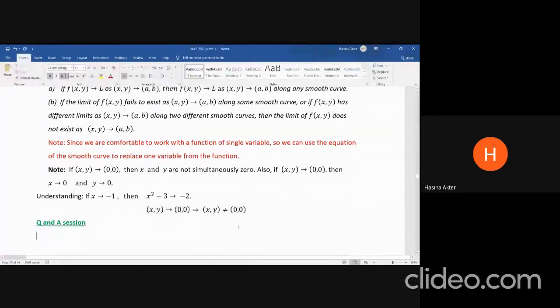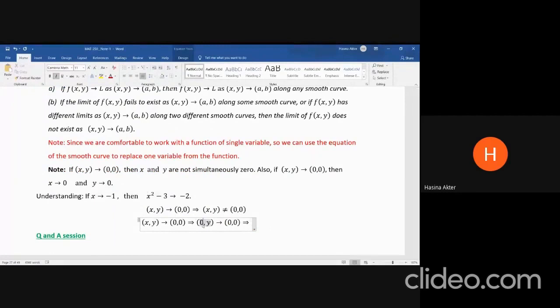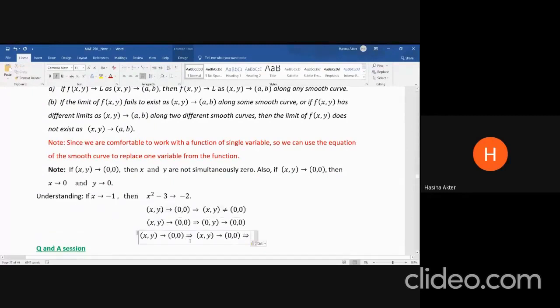This can be this along the y-axis. This can be this along the x-axis. Or otherwise, meaning one of them can be 0.